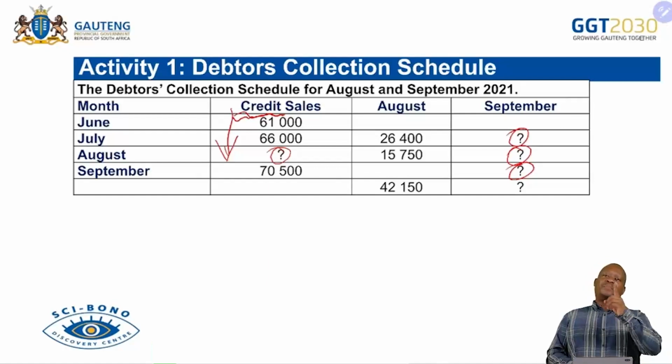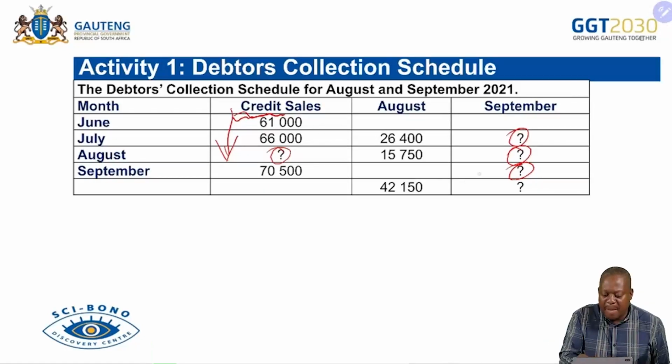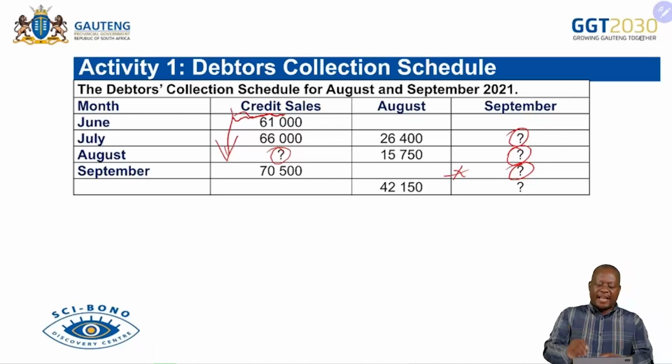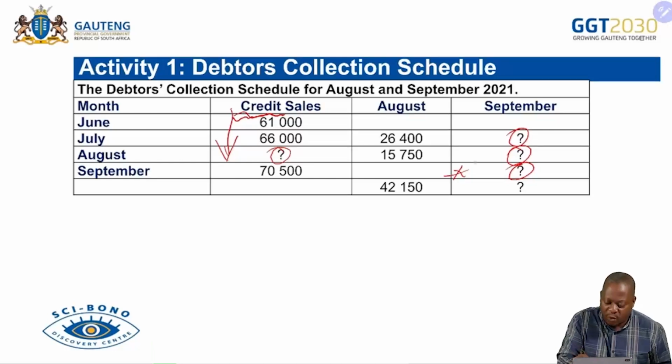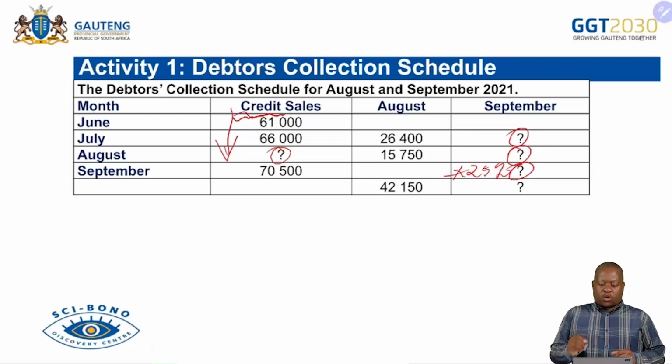What percentage is collected in the month of sale? 25%. That's what the question said. So the month of sale meets with the month of collection here. Where September and September meet, that is where we are going to collect our 25%.